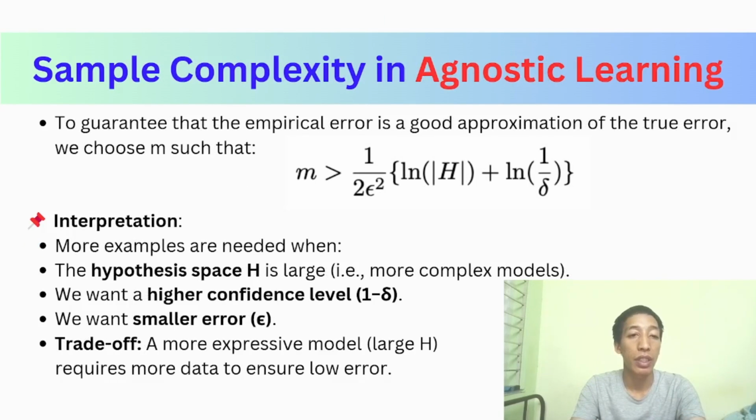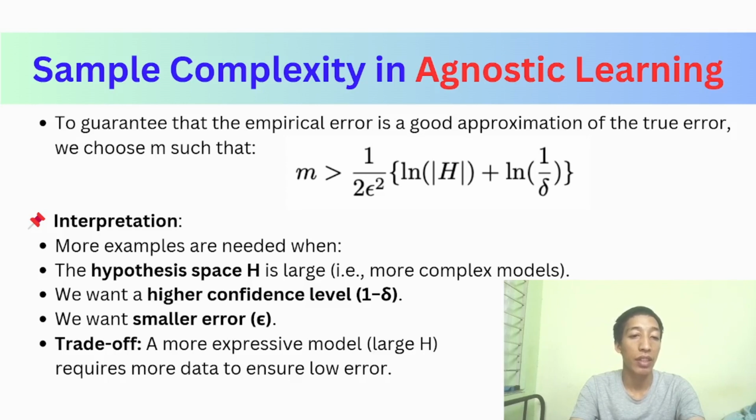Sample complexity in agnostic learning. To ensure that empirical error is a good approximation of the true error, we must choose a sufficient number of training examples M. The number of required examples depends on three factors: first, the size of the hypothesis space H, with a larger space requiring more examples.